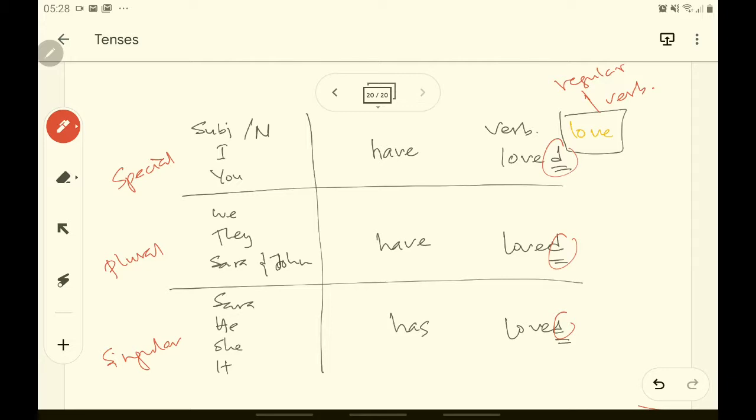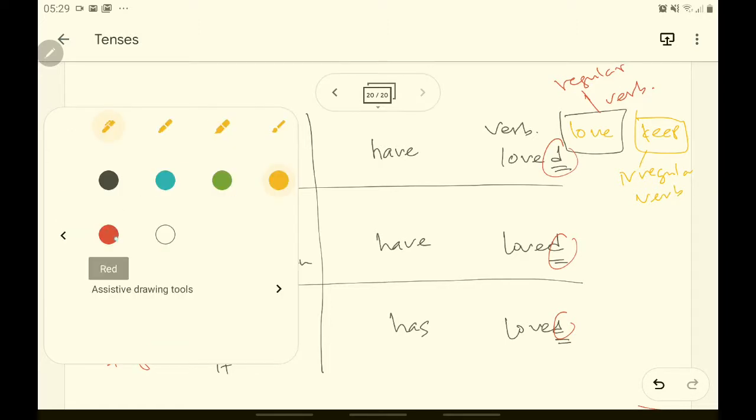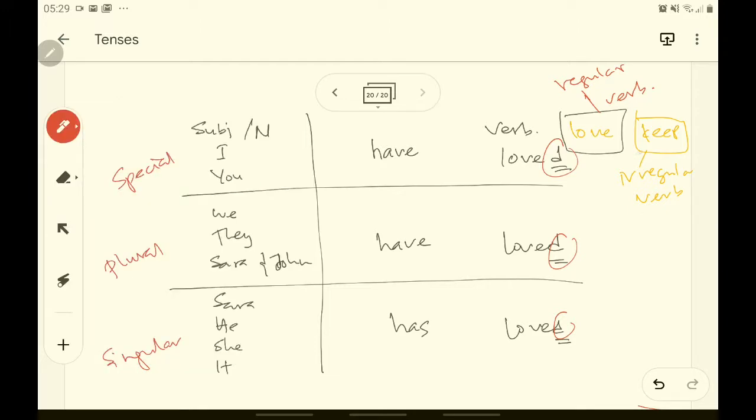But if you use another verb, for example the verb keep, which is an irregular verb, sorry, bad handwriting, you have to change it to something else. You have to change it to kept, because they should be in past participle.